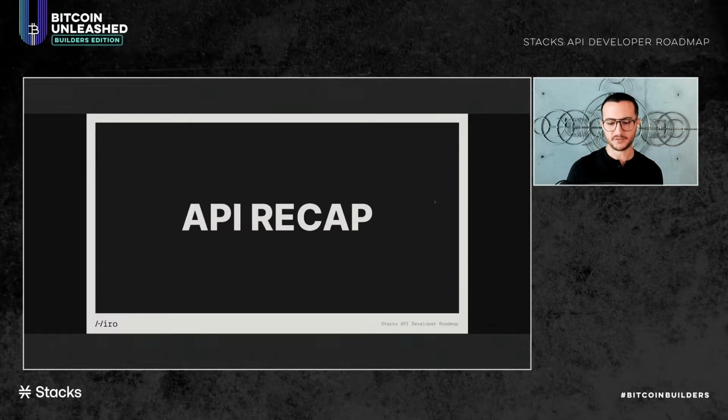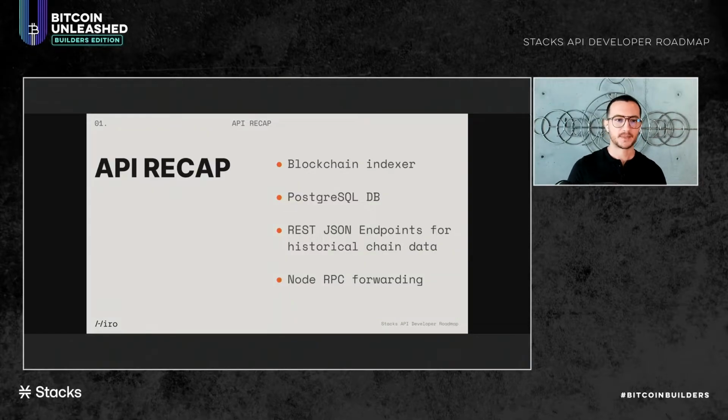So to start off, the recap on the API first. I'm going to talk about briefly what the API is. The API is a blockchain indexer, which means that it takes the events from the chain and indexes them into a Postgres database, which we then use to open up JSON endpoints so that developers can query historical chain data.